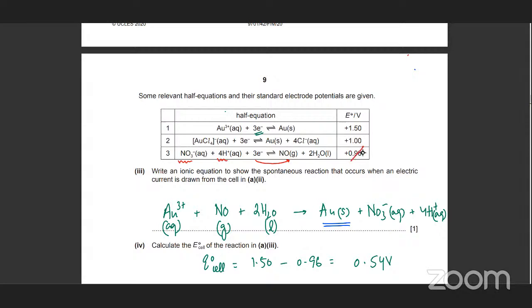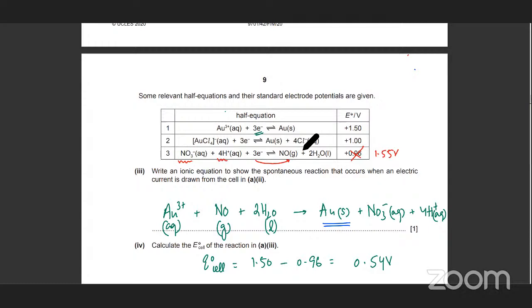So let's say it increases to 1.55 volts, just hypothetically speaking. Now what would happen to this second one? Let's focus on the second one as well. Let's say the Cl- is concentrated, because you're using concentrated HCl.